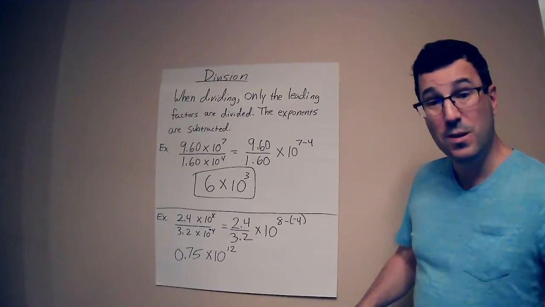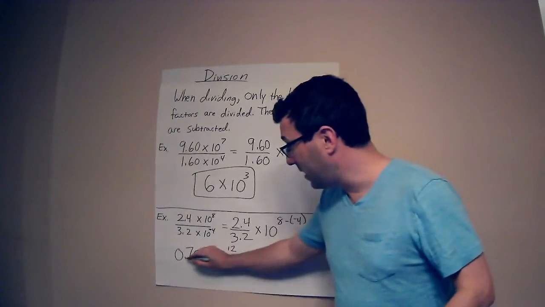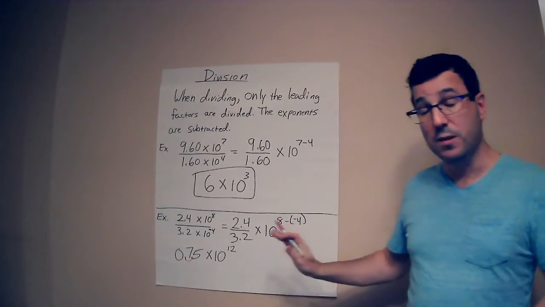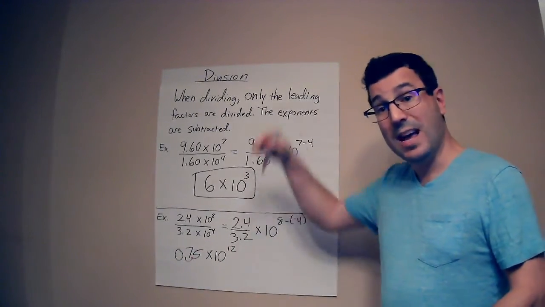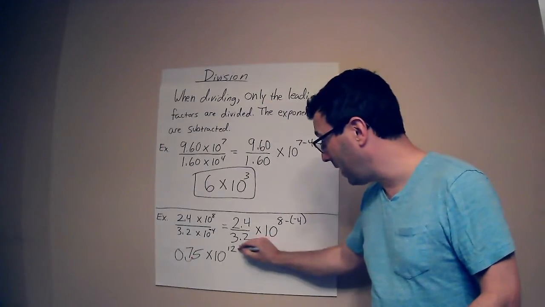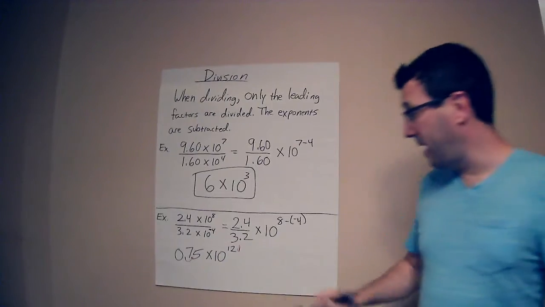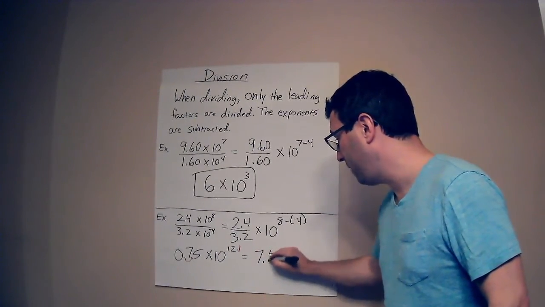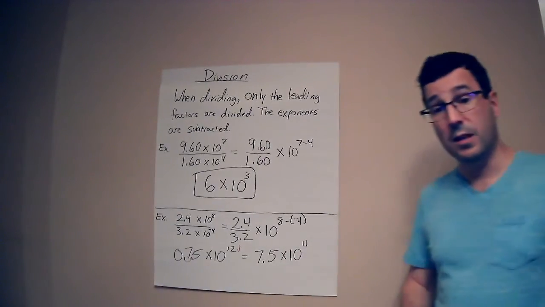So I need to make that 0.75 bigger, in this case by a factor of 10, so I'm going to move the decimal place to the right one. That means now that my exponent has to drop down 1. I have to lessen it by 1. And when we do that, now we have 7.5 times 10 to the 11th.